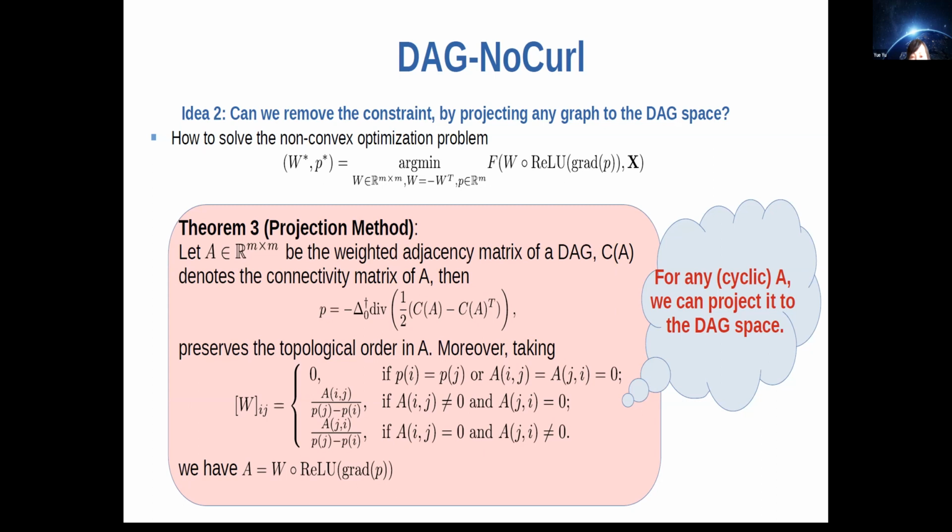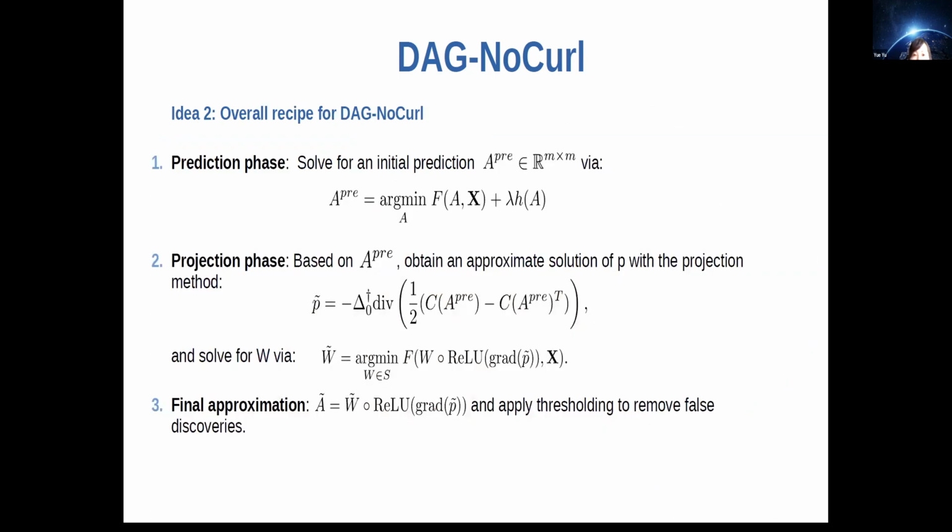Then by doing that, we can make our NO-CURL a projection method. Firstly, we can use any method, for example a penalty method, to get some approximation of the weighted adjacency matrix. That means only solving the unconstrained optimization problem once, and then we run this projection.